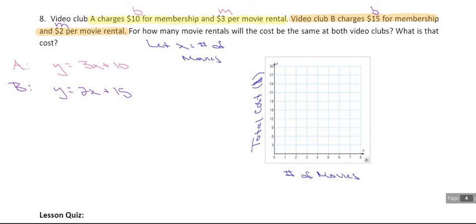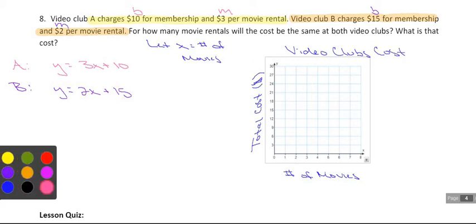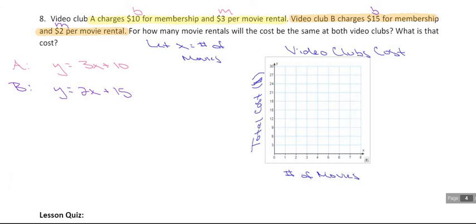And we'll just title this Video Clubs, and we'll put cost. All right, so let's go ahead and start with Video Club A, and this is going to be similar to the last one because it's unreasonable for some word problems to just count by 1 on each axis. So you'll notice on the x-axis we're counting by 1s, but on the y-axis we're counting by 3s.